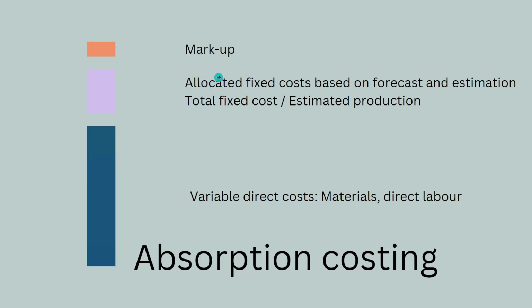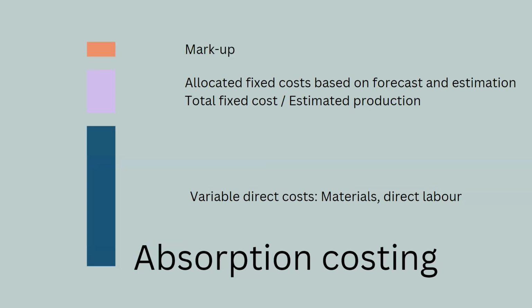This could be a little more challenging to calculate, especially when we have varied production over time, for example we plan to have 20,000 products, but actually we produce only 15,000 or about 30,000.